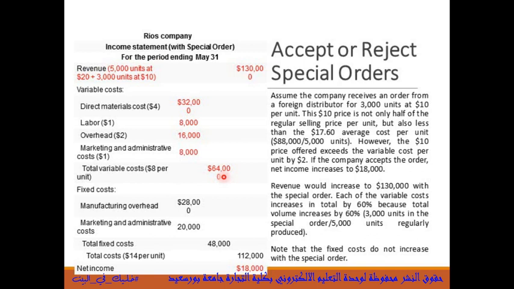That's why variable cost should also increase by 60%. Variable cost will increase to $64,000. Total fixed cost doesn't change with the special order. It will remain the same. It will be $48,000. It will not be affected. At the end of the day, net income will increase to $18,000.